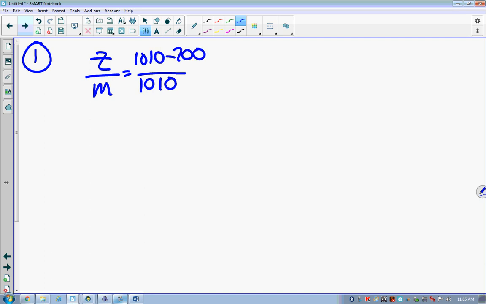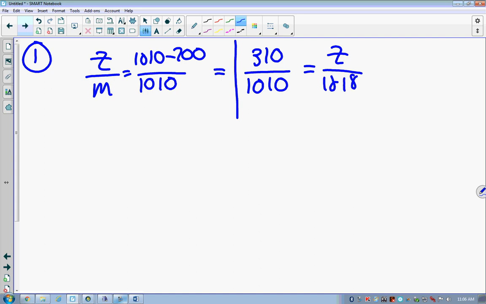So that's equal to 310 over 1,010, correct? We're going to set it equal to zinc over 1818. Those are proportional, which means I should be able to cross multiply and divide. So I can take 310 times 1818 and divide it by 1,010. What does zinc equal?